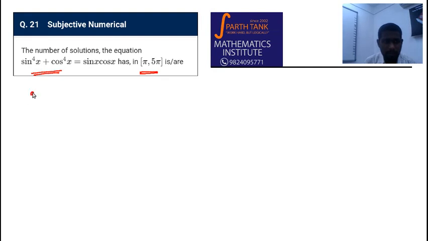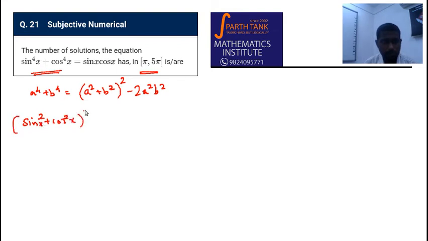a^4 plus b^4 is (a squared plus b squared) the whole squared minus 2a squared b squared, right? So therefore sin^4 x plus cos^4 x can be written as (sin squared x plus cos squared x) the whole squared minus 2 sin squared x cos squared x is equal to sin x cos x.